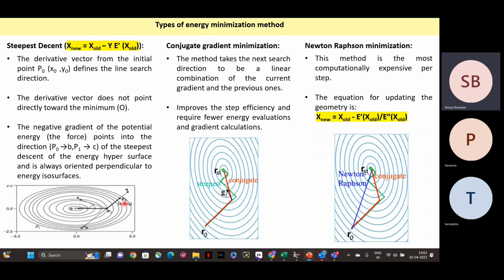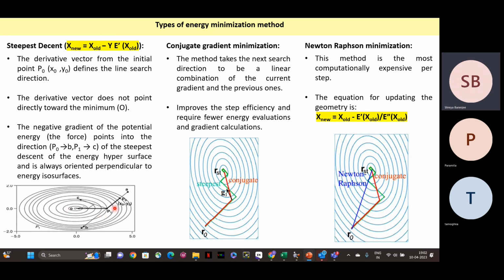Suppose you are starting from an initial point P0, which is defined by the x and y coordinates, x0, y0. So the derivative vector, this first derivative, will define the direction in which you have to move.